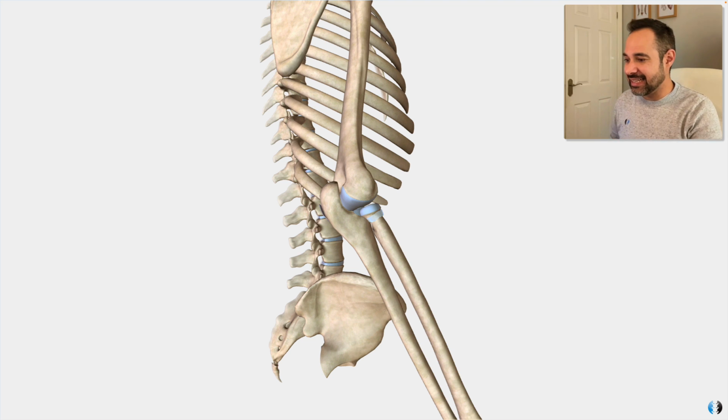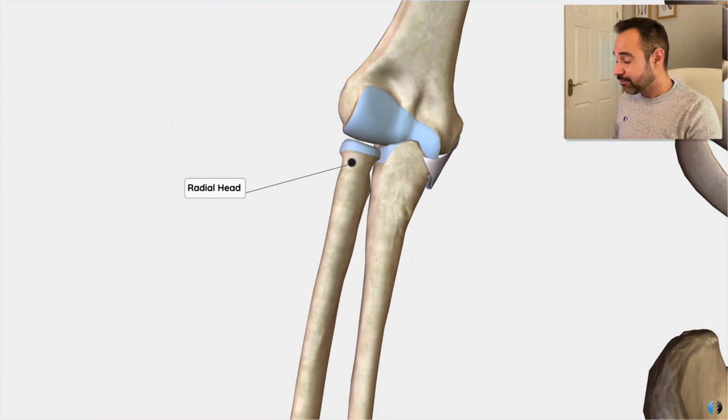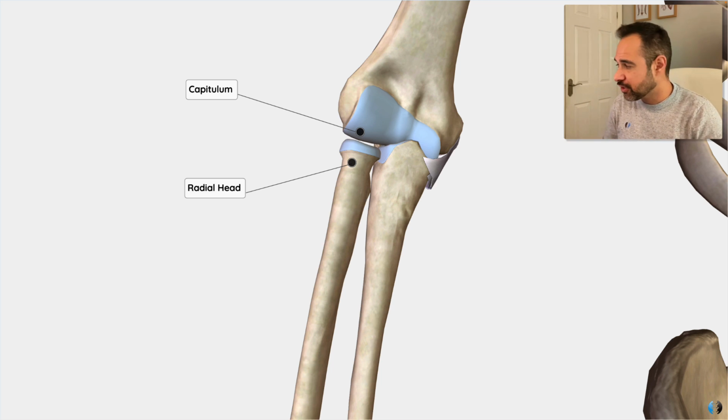Now, the most common areas at the elbow to experience osteochondritis dissecans is around the radial head or the capitulum, which is the area on the humerus that the radial head articulates with at the elbow.